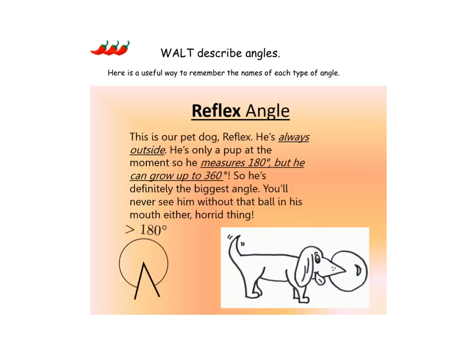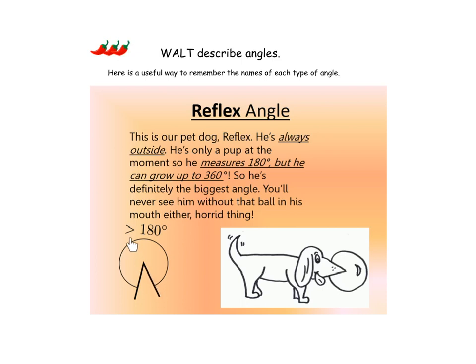And the family have a pet dog called Reflex. So Reflex is the biggest angle out of all of the angles. And that's because he has a pointy nose and his angle is all on the outside of that. So it's almost like a big ball. And he has an angle that is bigger than 180.